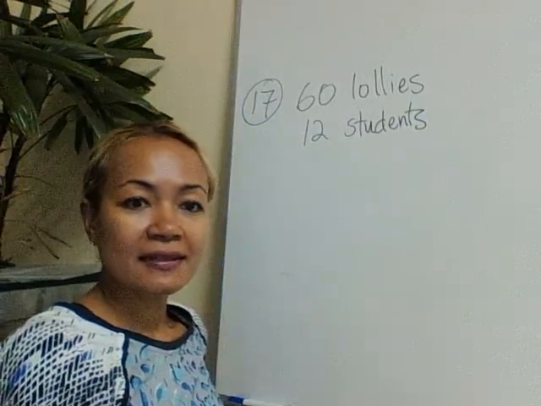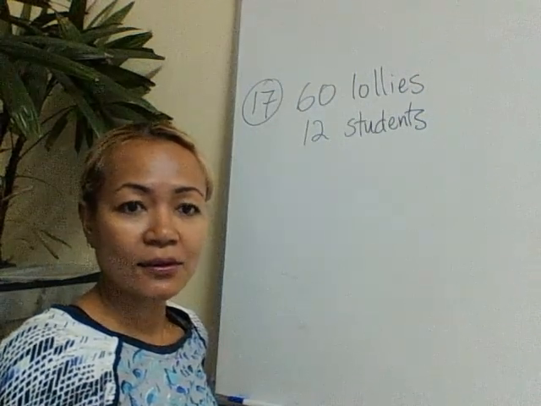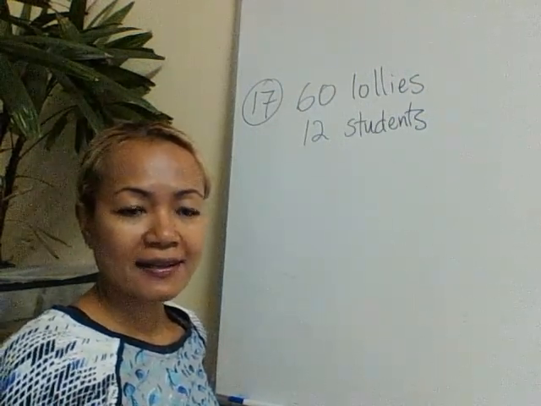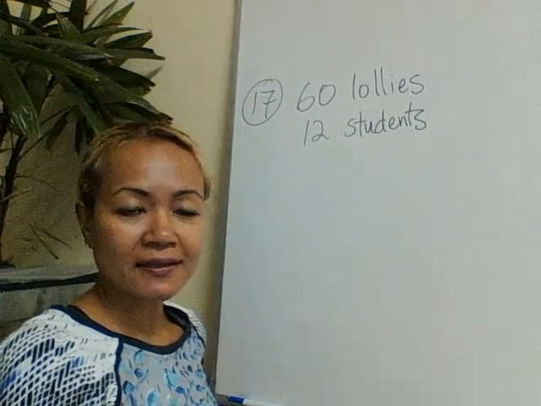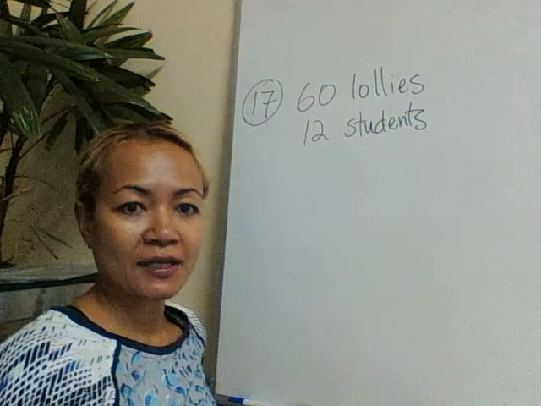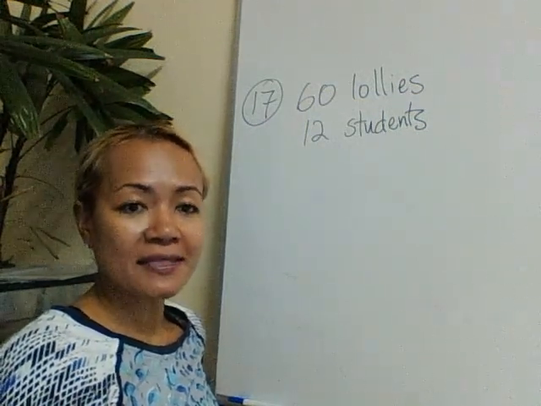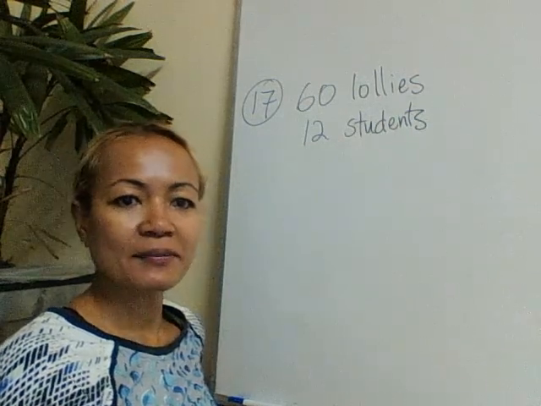Question 17 tells us that a teacher bought 60 lollies for their 12 students and they were going to distribute it equally. So we already know that it's going to be 60 lollies divided by 12. But the question says, which number sentence best describes what will happen?